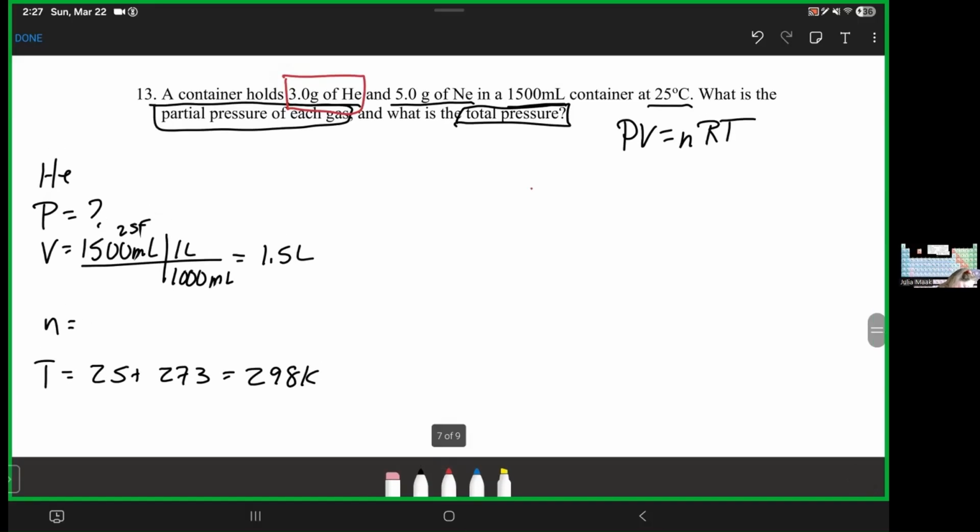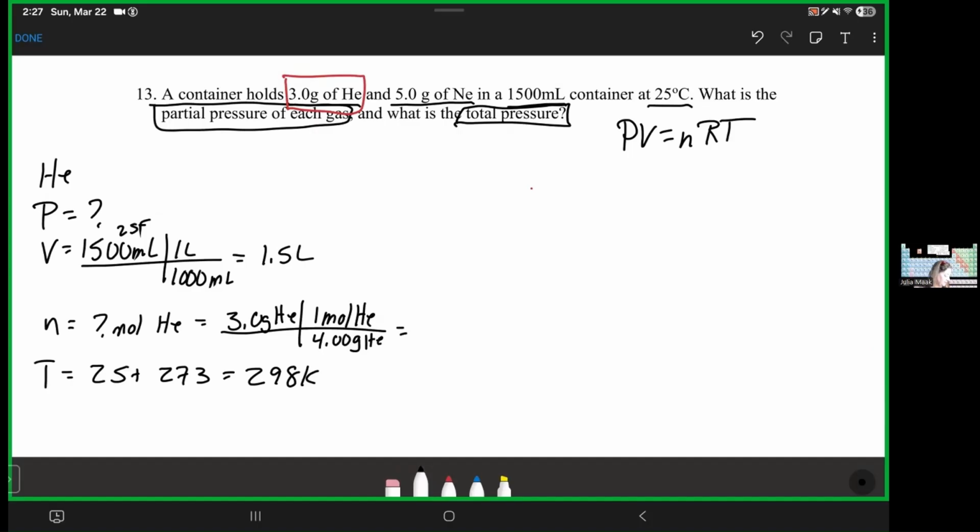Okay, so I want to know how many moles of helium, and I've been given 3 grams of helium. And to get moles, we use the molar mass on the periodic table, and helium weighs 4.00 grams per mole. Okay, so when I do that math, I get 0.75, and we are at 2 sig figs there.